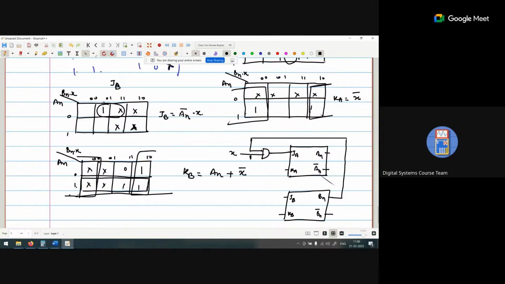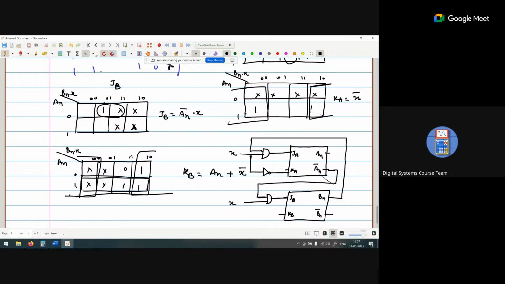Now what is the K? With the X, we take one NOT gate and connect it to the K. What is the JB? We take AN bar and X, take an AND gate and connect it. Similarly, what is the KB?